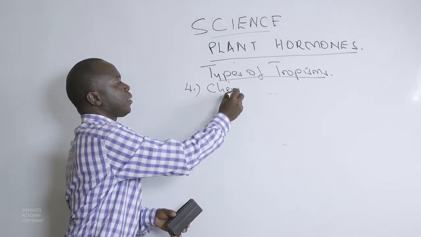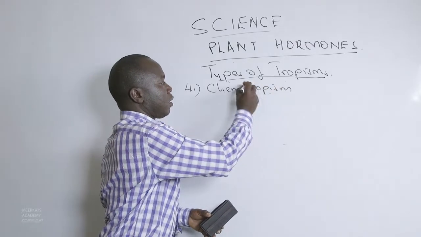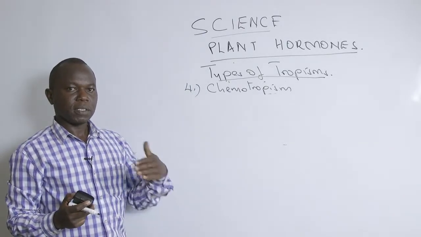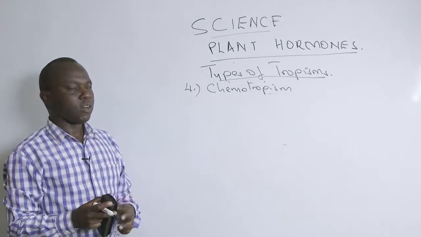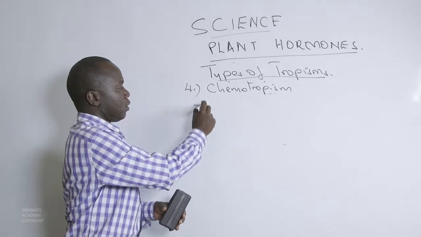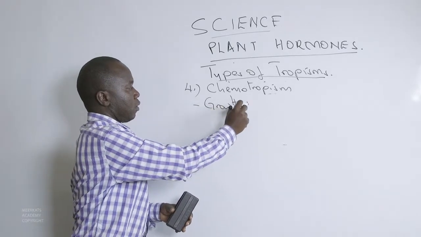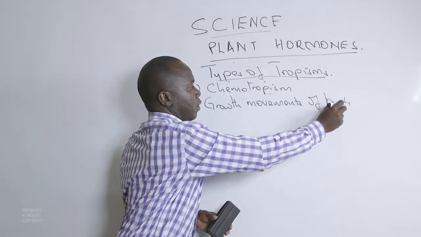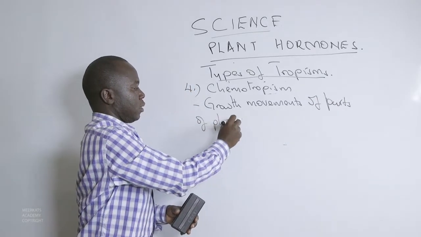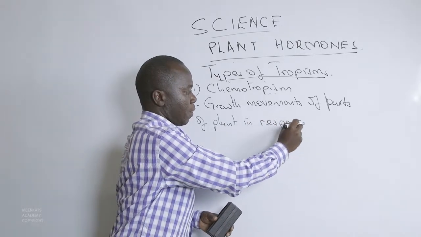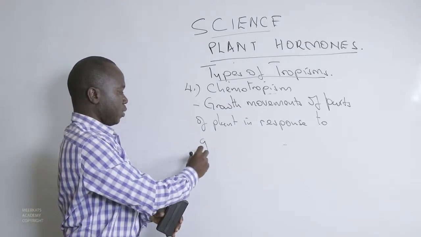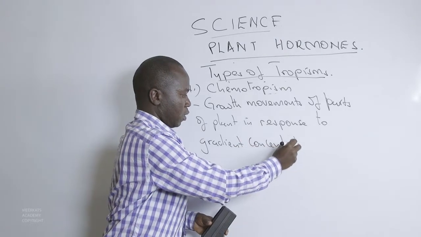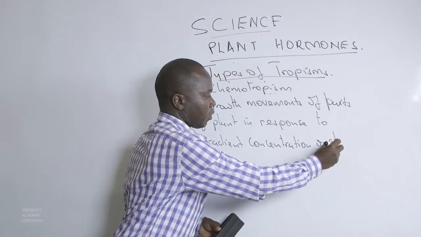We have now chemotropism. Chemotropism is growth response of parts of the plant in response to gradient concentration of chemicals.